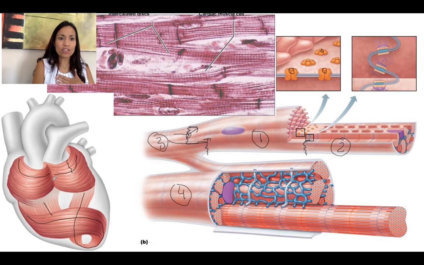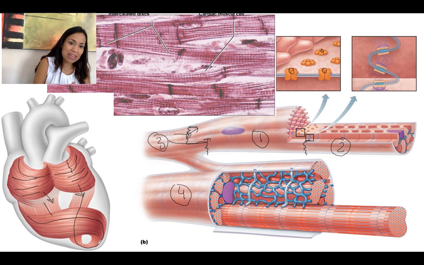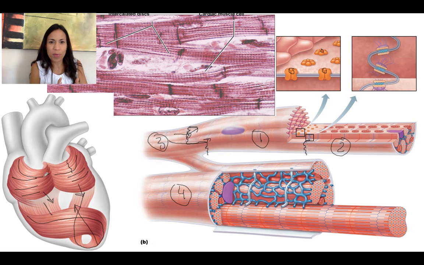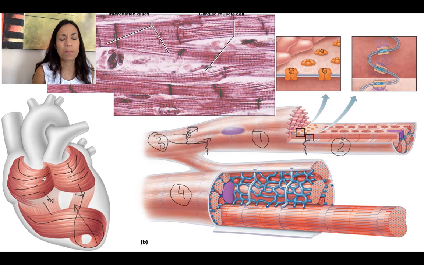And what we're making sure of with this arrangement of cells is that when this superior part of the heart contracts like this, it pushes the blood down. And when this part of the cardiac muscle contracts, it pushes the blood in this direction, from the apex to the base. And this is important to understand as we explain how the cardiac cycle works.